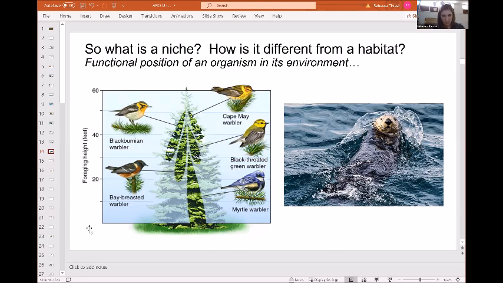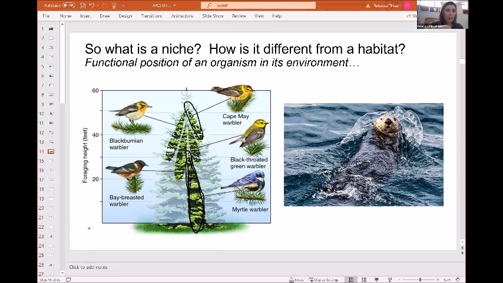So here I've got this example of different types of warblers, and you can see that they're very similar species. I mean, they're all warblers, and they live in this same kind of coniferous looking tree here. But notice that they only occupy very specific layers of the tree. This warbler species here lives lower on the tree and in a more interior area.